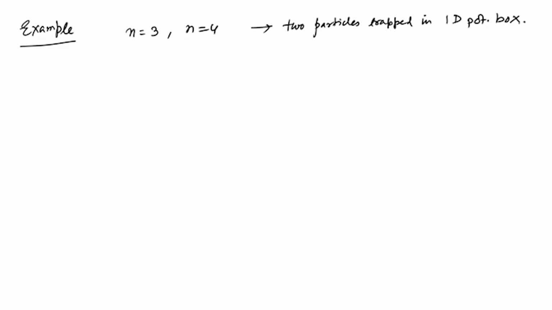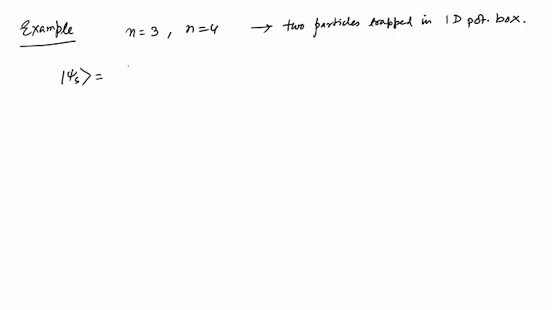Let us think that the two particles are trapped in the n equal to 3 state and the n equal to 4 state, in a 1D potential box from 0 to L.